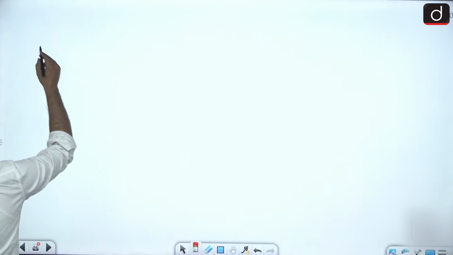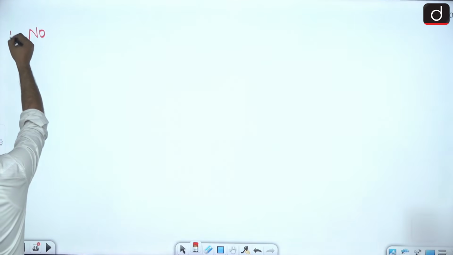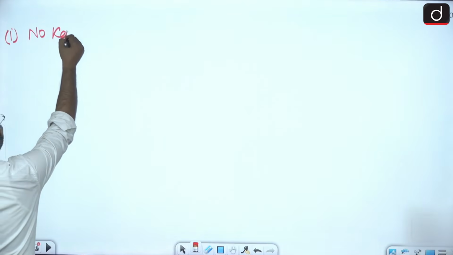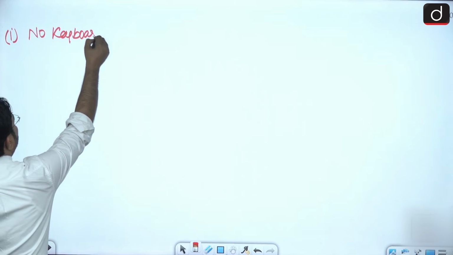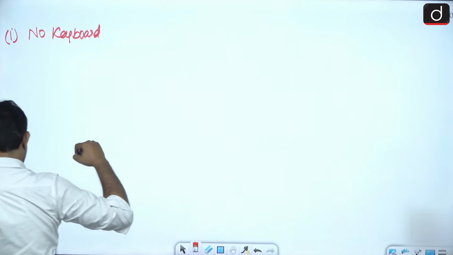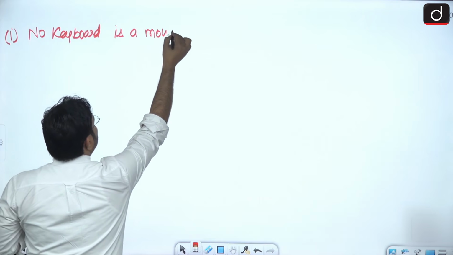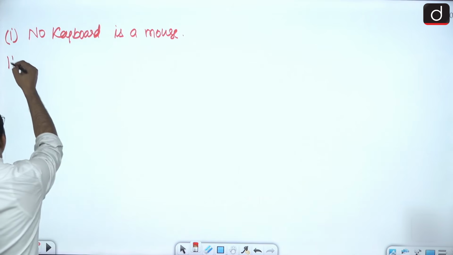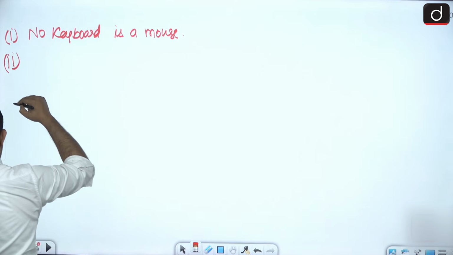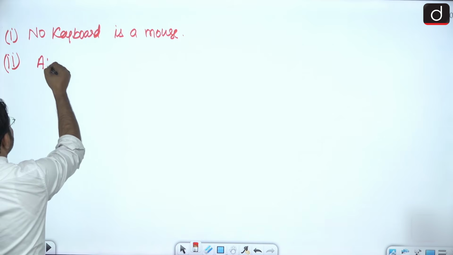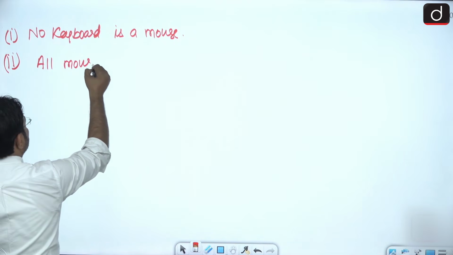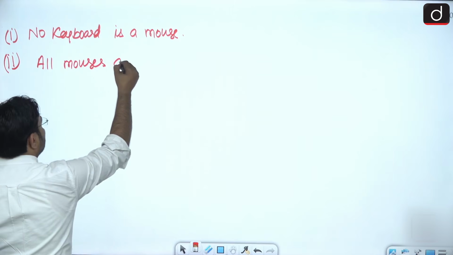First statement is no keyboard is a mouse. No keyboard is the mouse. Second one, all mouses are computers.